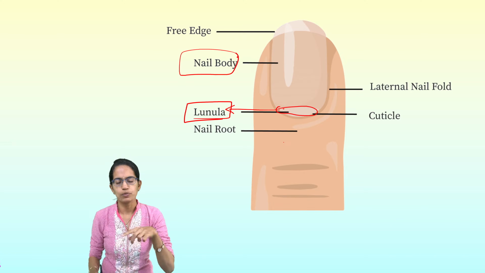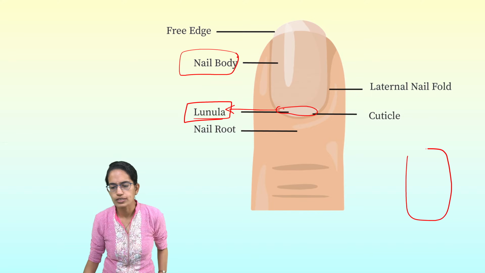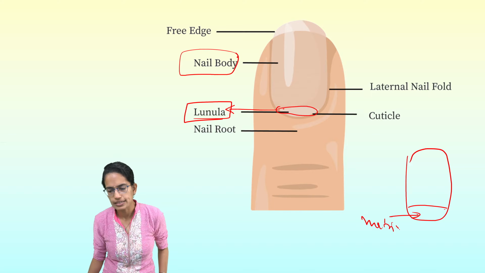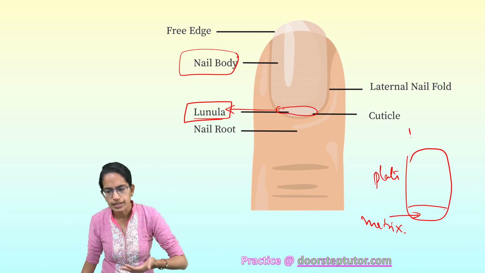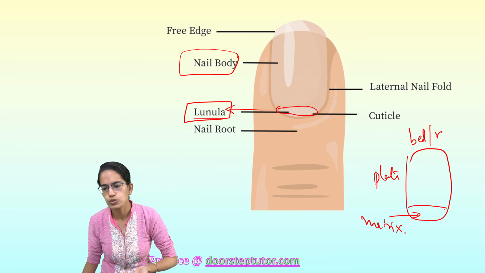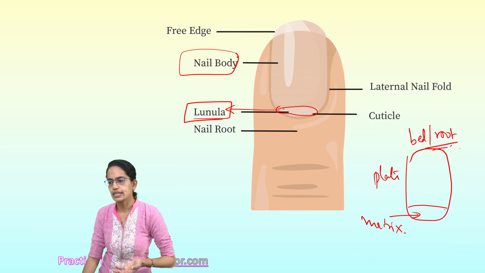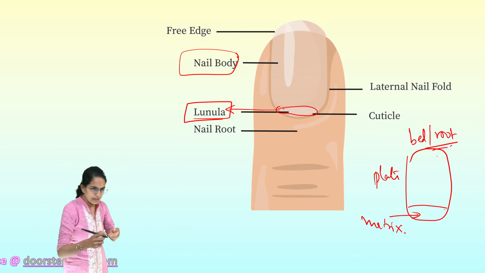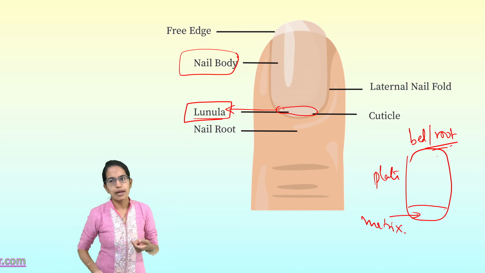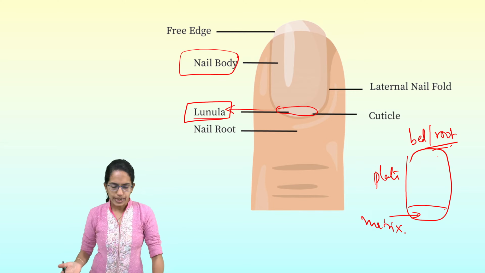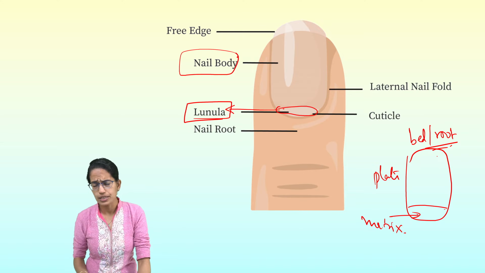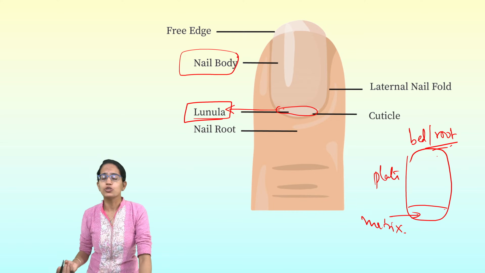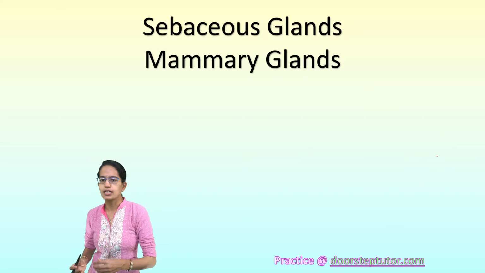So two important portions: if I look onto the structure of the nail, the lower part is the lunula or the nail matrix, the upper part is the nail plate. Below the nail plate is the nail bed, which is also known as the nail root, and that connects to the nail plate. So the nail root or the nail bed is the living part. The plate is the non-living part. It is keratinized, hard and brittle. Now the function of the nail is to provide protection to the fingers and the toes.